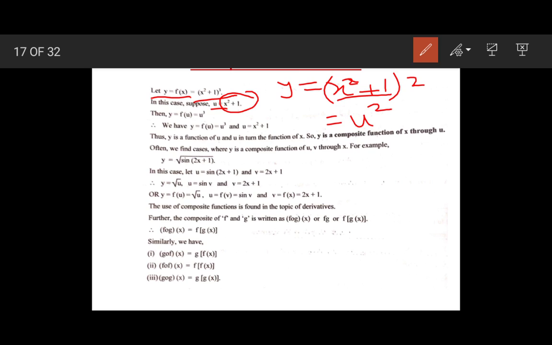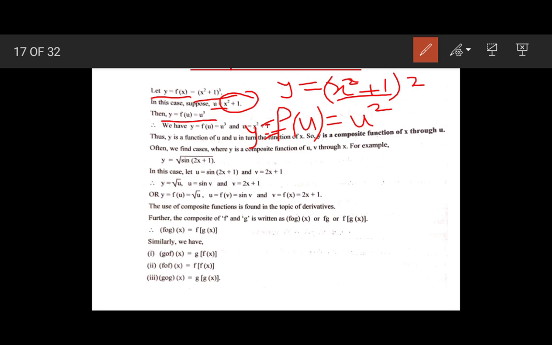So now y, or f of x, is equal to u square, right? So here I am not writing f of x, I am going to write f of u. So y or f of u is equal to u square.